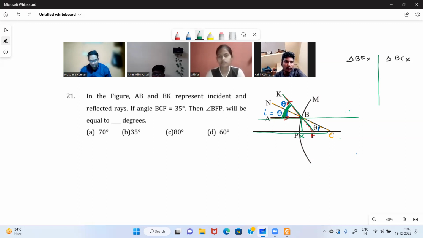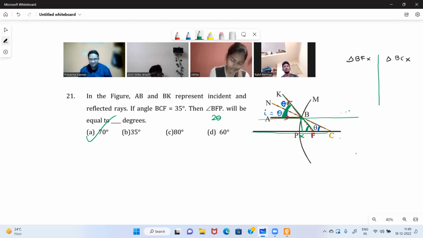Then what do you expect this angle to be? 2 theta, exactly. That is what is asked. So the answer is how much? 70. 70 is correct. Understood?